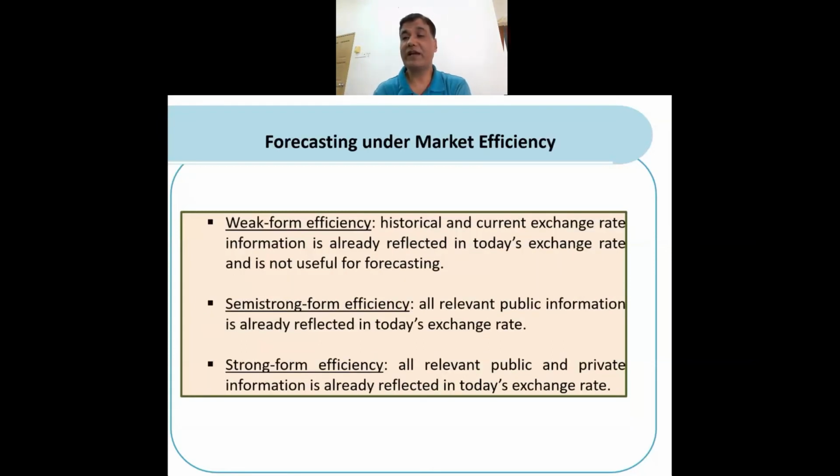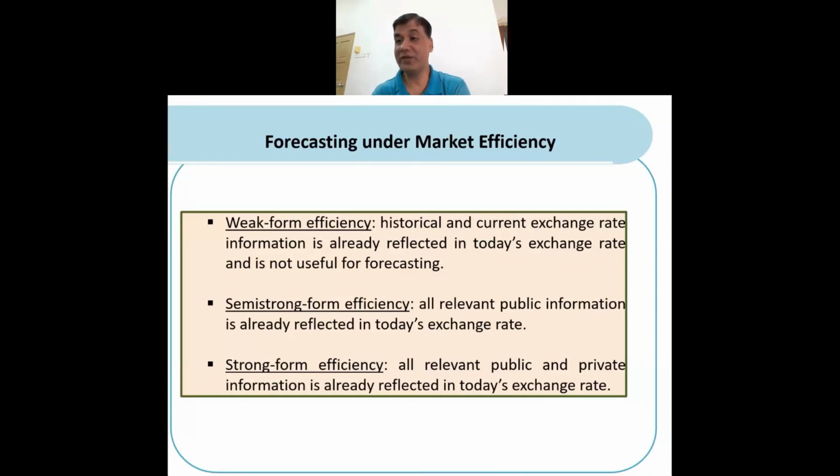Now, again, the kind of method that we are going to use also depends on what kind of market we are in. Market efficiency means basically that whatever information goes to the market should be immediately reflected. So the exchange rate will change immediately after certain news goes to the market.